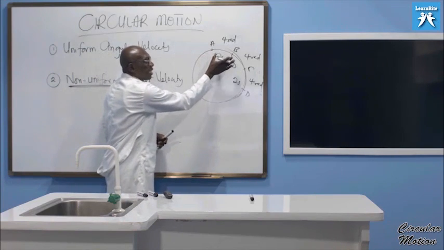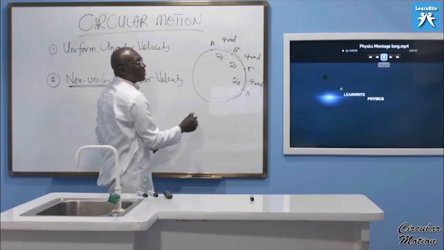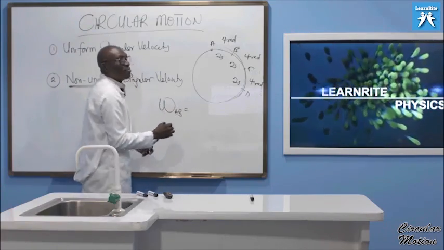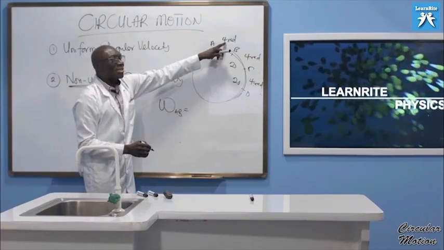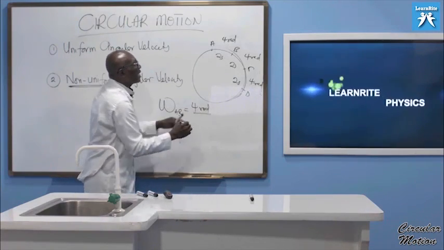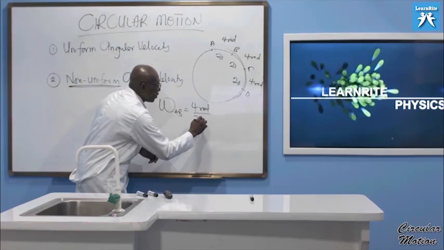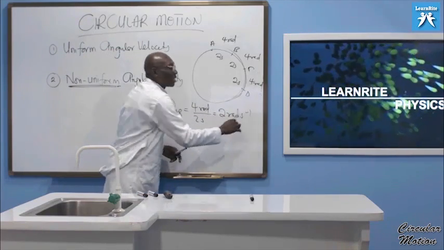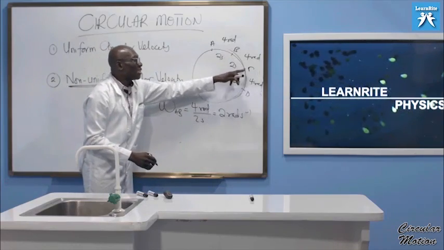We can do that. So the angular velocity between A and B is simply the angular displacement, which is 4 radians, divided by time, which is 2 seconds. And we are getting 2 radian per second. What about between B and C?